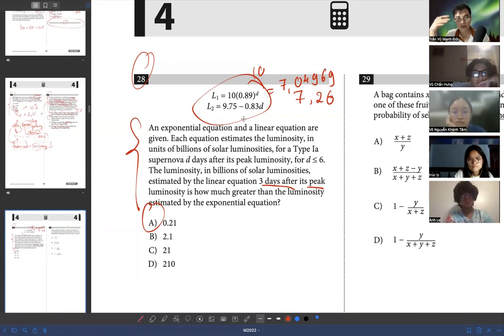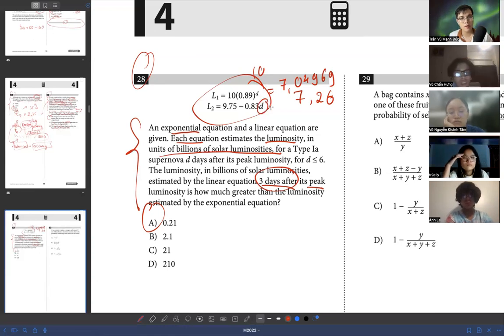They don't take account for every single clue in here, because I don't really need to know what each equation, luminosity of units, a billion solar, I don't need to know it. All I need to know is you have 3D, D is the value of 3, and you just plug them in and you calculate them real quick.